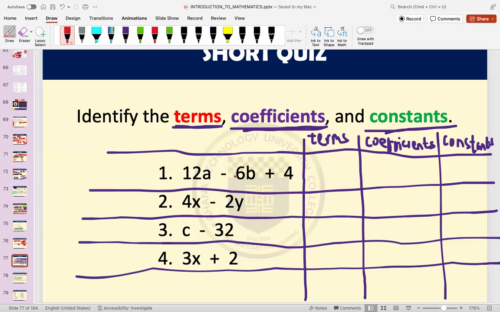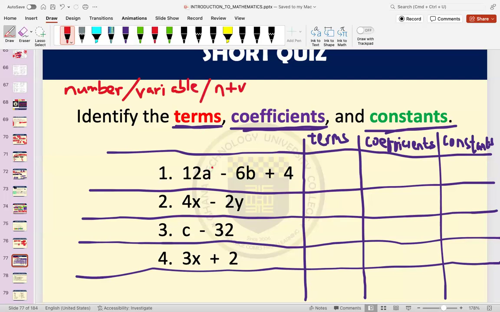How many terms do we have here? By the definition of a term, we said a term can be either a number or a variable, or a combination of the two, numbers and variables. So let's check.